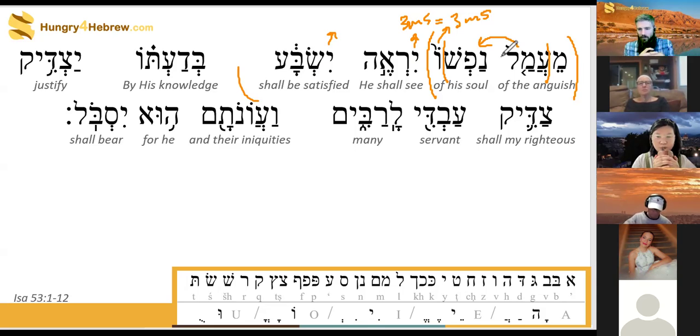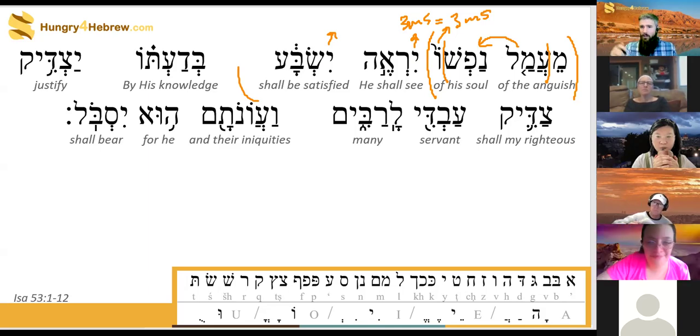Well, how can you have multiple 3MS individuals? Well, we have Tim and Jared in the same conversation here, and he's a 3MS and I'm a 3MS. In the same way, he is 3MS and Yod He Vav He is 3MS. So there's ambiguity as to which one is referring to which one, unless someone explicitly states who the subject is.